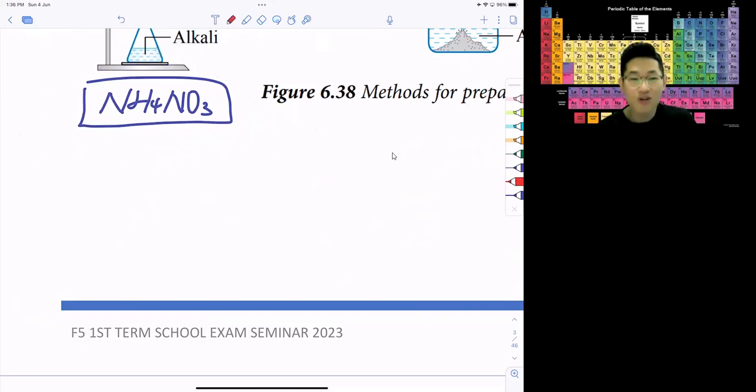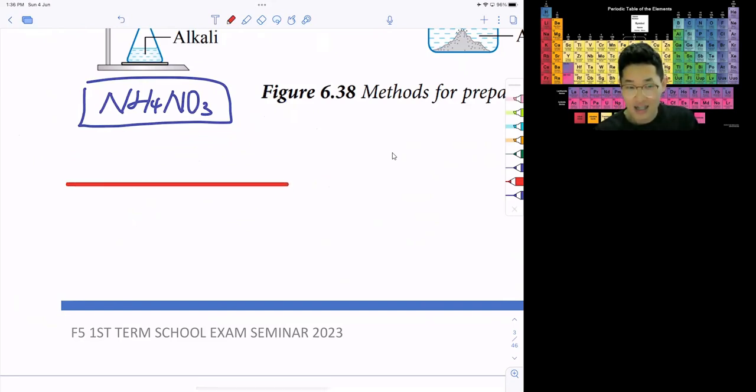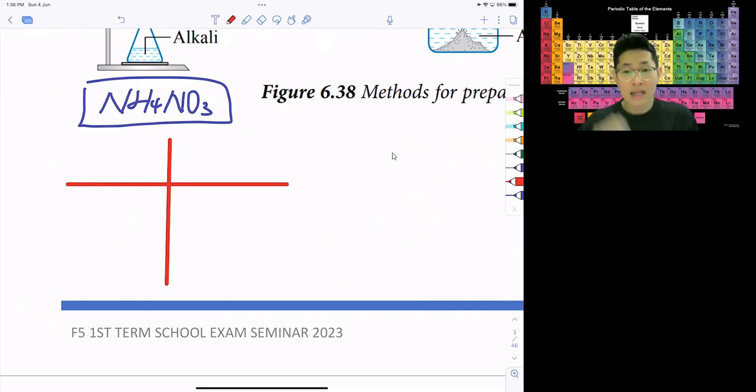Okay, for those who are very weak in formula, you have to know that the chemical formula is the basic of chemistry. There's no way you can make improvement without knowing how to write the chemical formula.